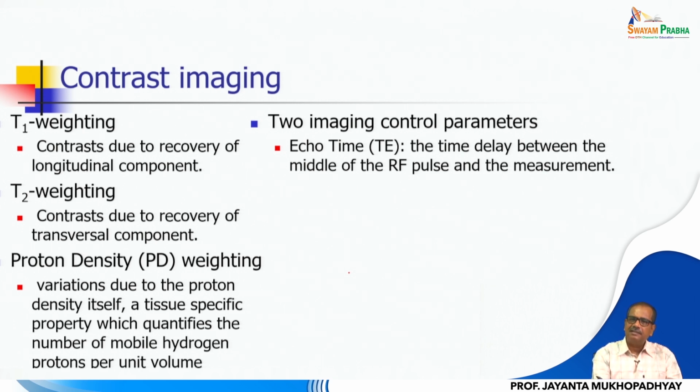So, the whole thing is a time delay. If you measure too fast, then your recovery will not be very high. Since your recovery will be lower, you have more T1 contrast, because of the variations that would be observable.